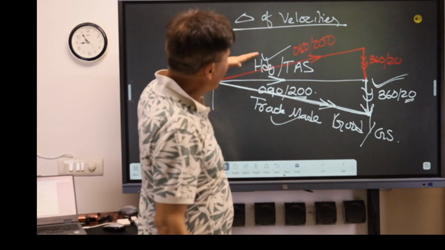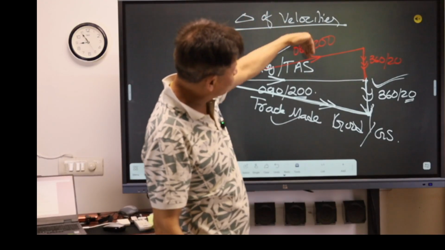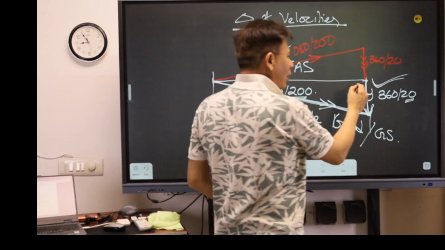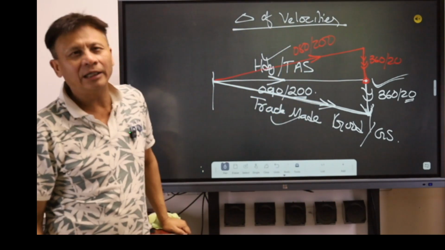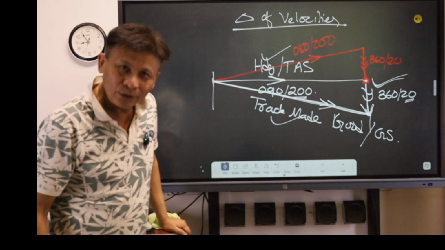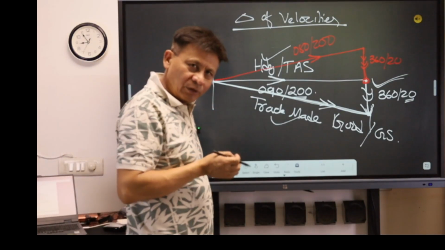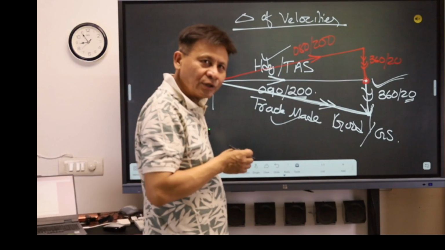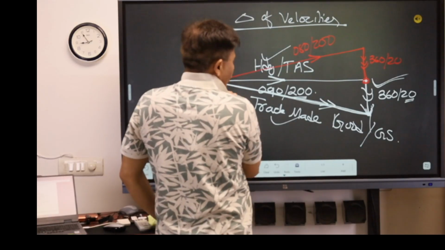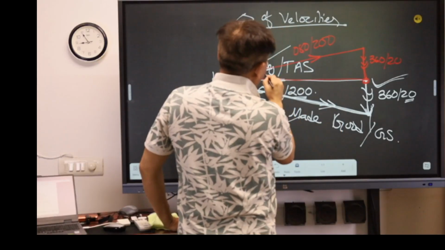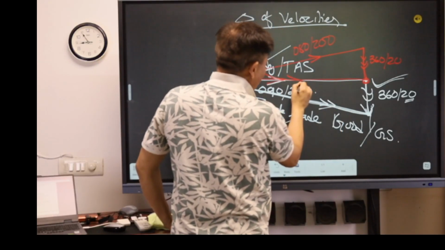At the end of 1 hour, the winds would have pushed my aircraft a little, and at the end of 1 hour, my aircraft would have landed up exactly at the point where I wanted to go. So why we need this triangle of velocities is to find out the track required, because I want to go from A to B. This is now the track required.